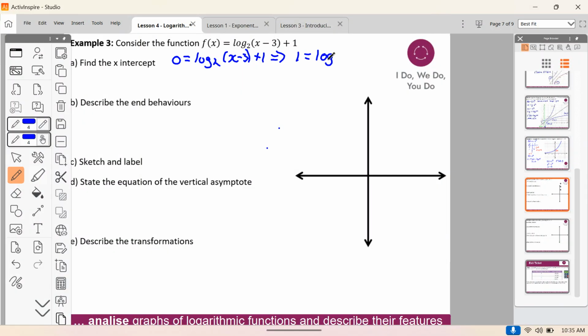We get log base 2 of x minus 3. And at this point, we can change to exponential form. So the base is 2. That means 2 to the 1 is equal to x minus 3.